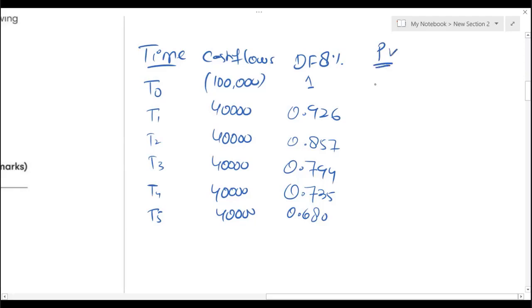Present values. Obviously 100,000 negative. 40,000 into 0.926, I'm getting a present value 37,040.